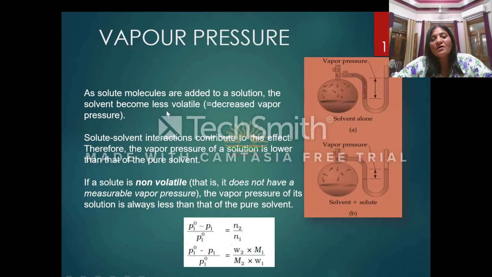The meaning of this content is that when we have the vapors of the pure solvent, the vapors will be more, meaning more vapor pressure. When we add a non-volatile solute to that same solvent, these solute particles occupy the surface of the volatile solvent.